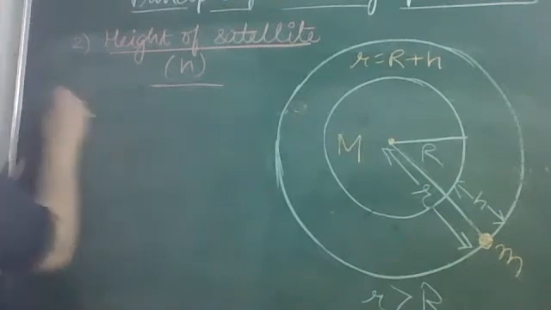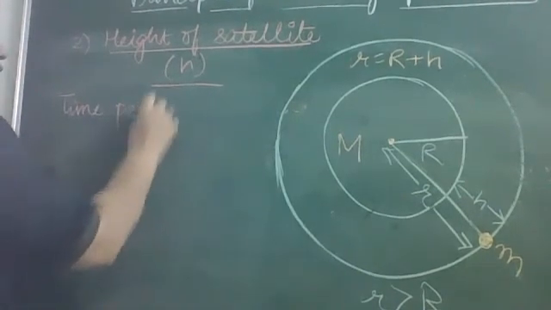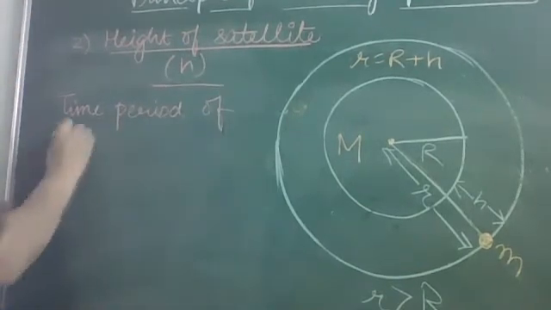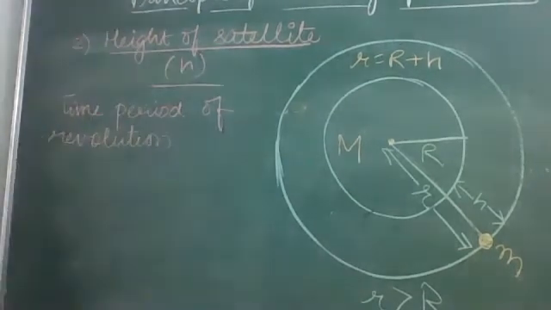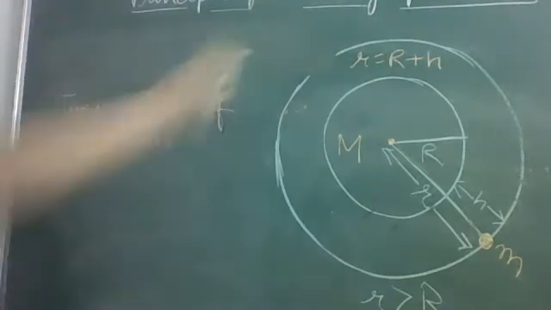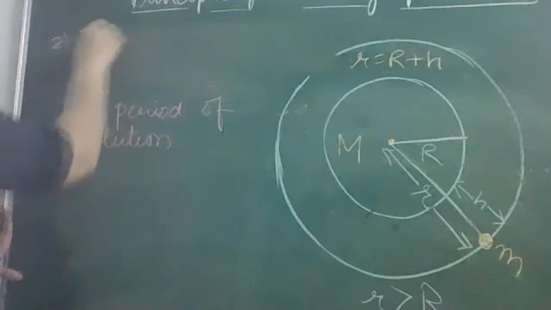So how can we write time period of revolution of satellite? Let us find time period of revolution first. After that, we will directly find h. So give this heading, time period of revolution.